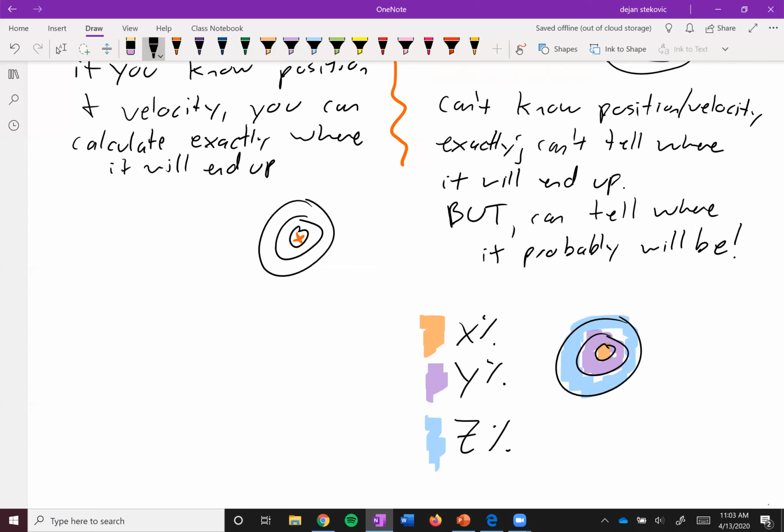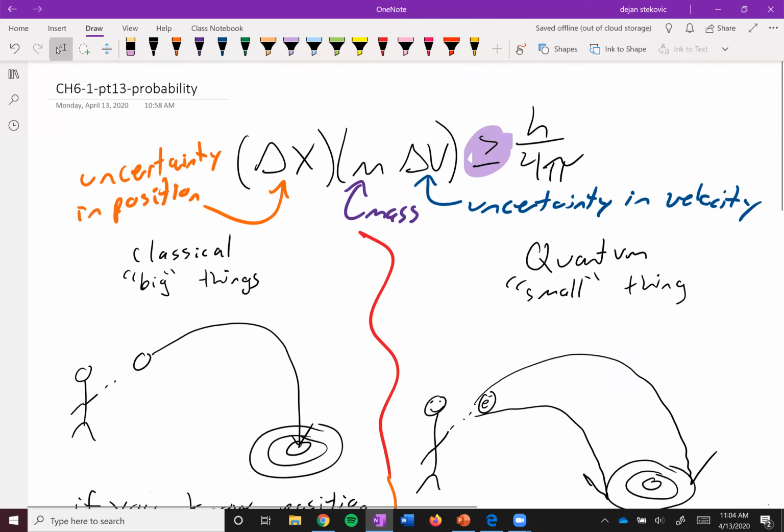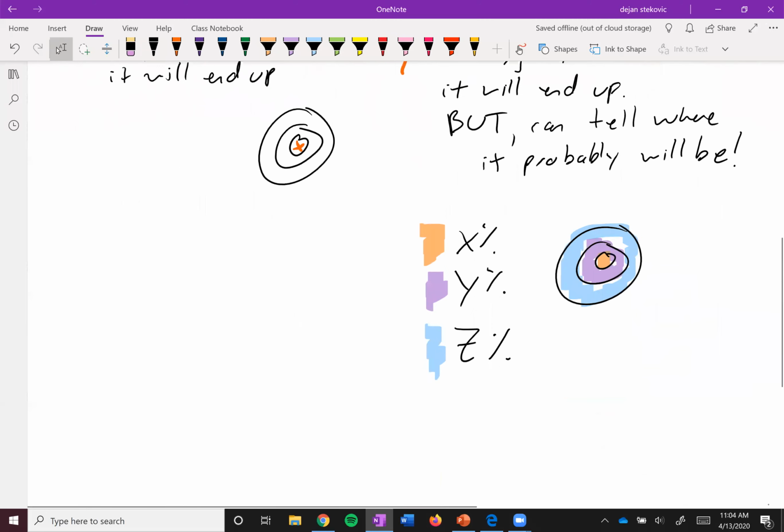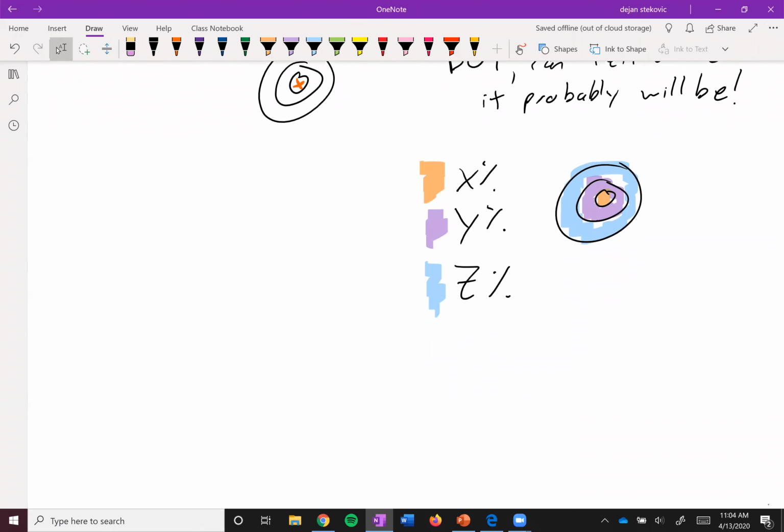What we can't do for small things like electrons and quantum particles is tell you exactly where they are and exactly what their energy is, but we can make probability maps. We can't tell you exactly where it's at, but we can tell you approximately where it's at.